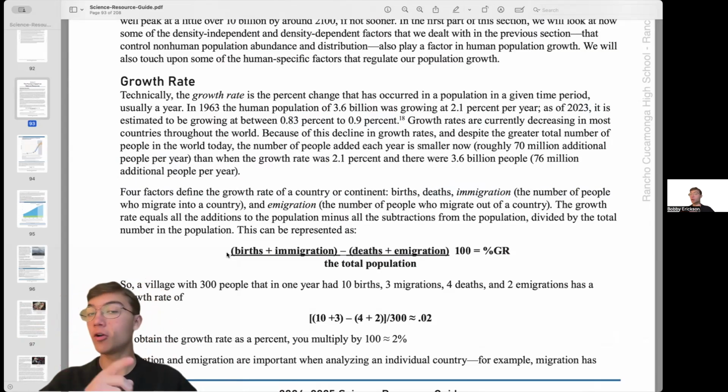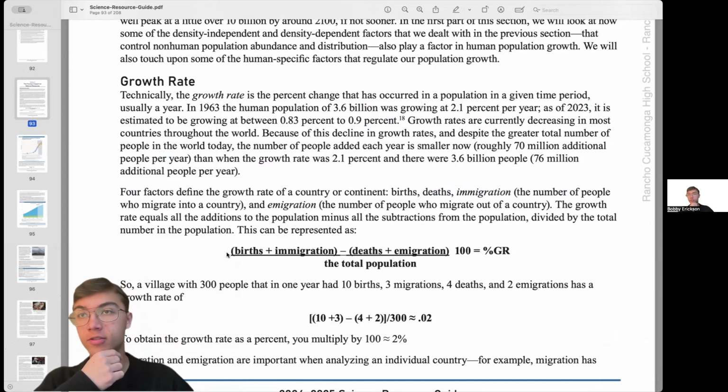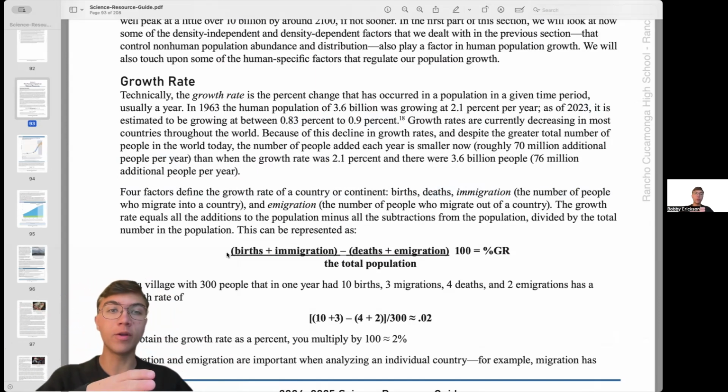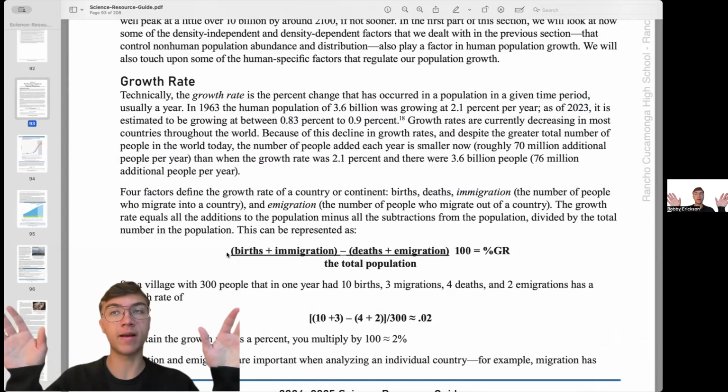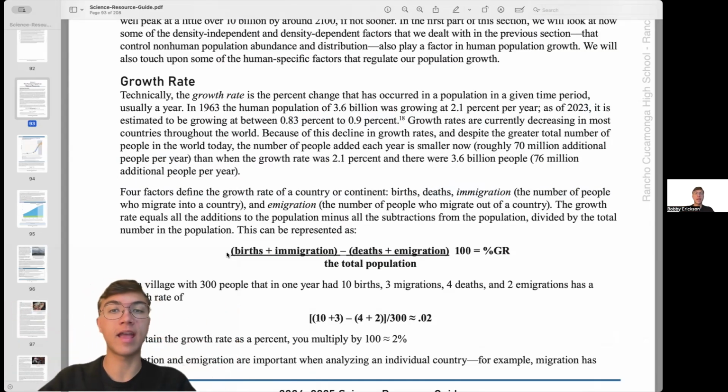But the total population, for example, in the United States, is about 334 million people. So we would do births, let's say there were a million births, a million in immigration, and then there was 500. Now these numbers are completely made up. They aren't actually accurate. And then we had 500,000 deaths and 100,000 emigration numbers.